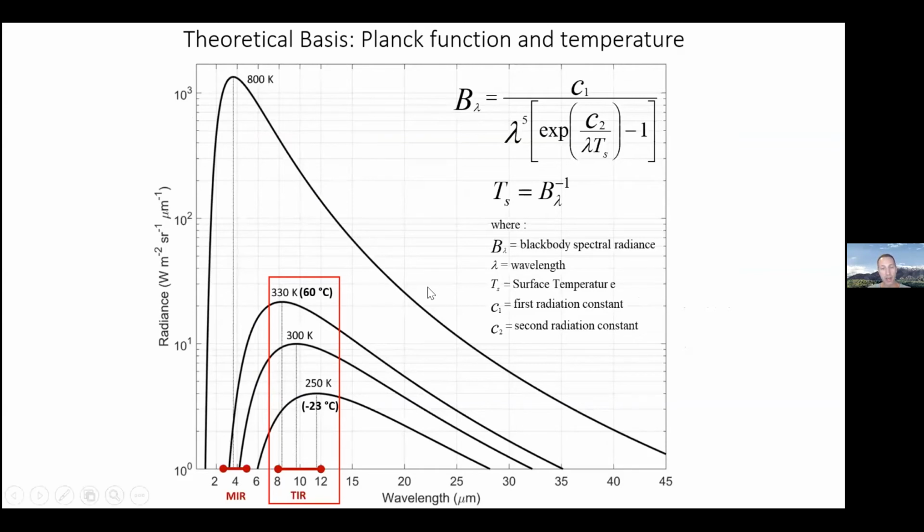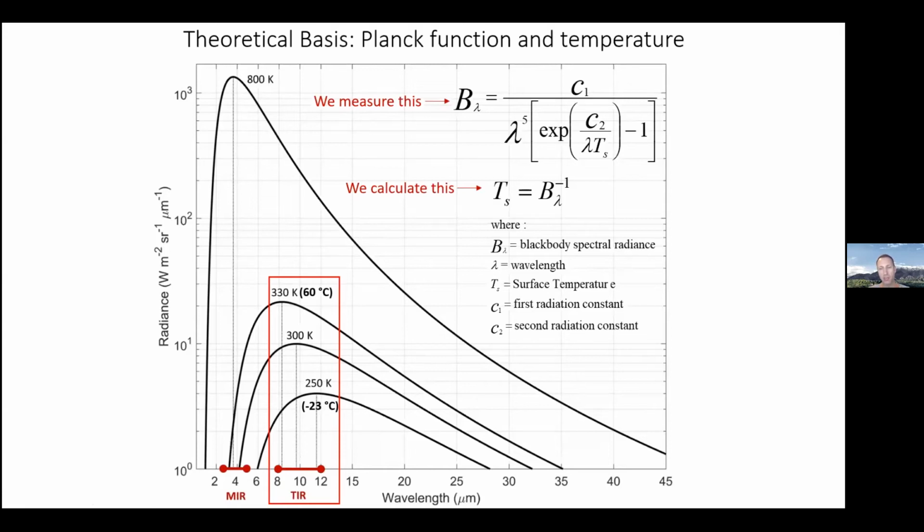And if you look at the TIR here, right, so the thermal infrared between 8 and 12 microns, you can see the temperatures of the Planck function range in typical Earth-like temperatures, -23 upwards to 60 degrees Celsius. So if we place a radiometer with detectors that are sensitive to radiation in that region, we can observe the radiation emitted from objects, and we can then basically solve for the temperature in that equation to be able to derive what the temperature of that object is.